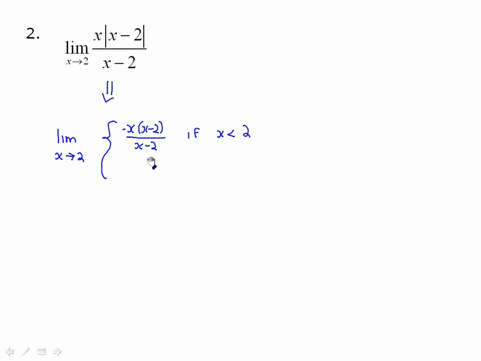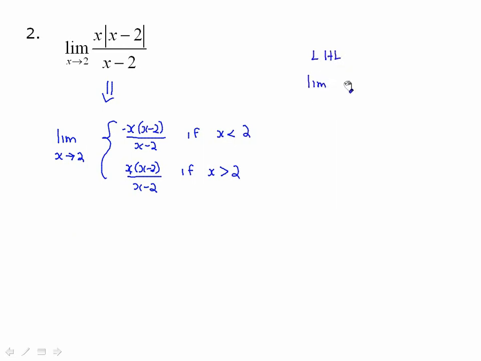And then the other one is positive (x minus 2) over x minus 2 if x is greater than 2. And then work out the left-hand limit. The math tends to be pretty routine.